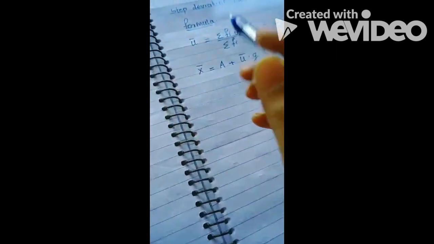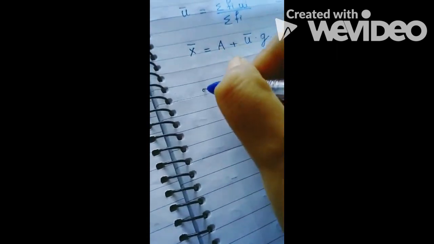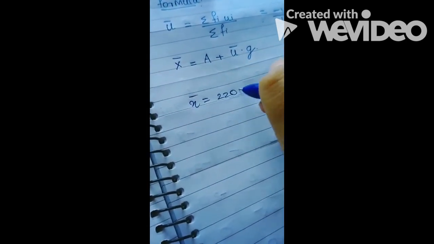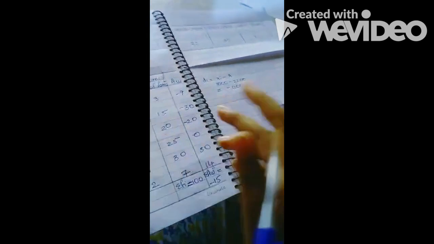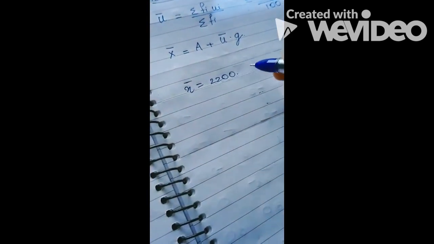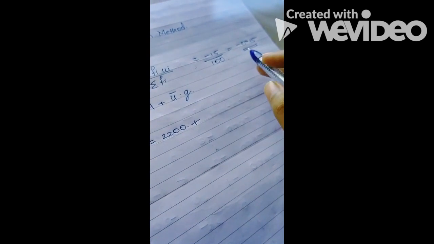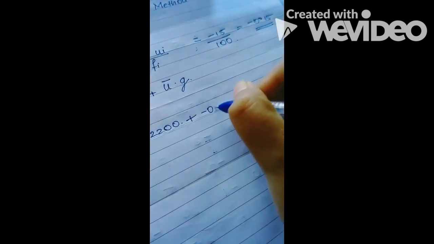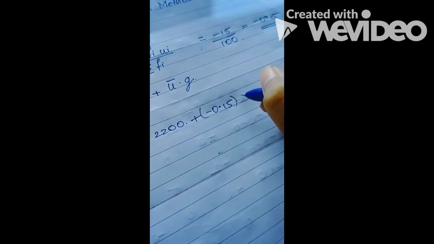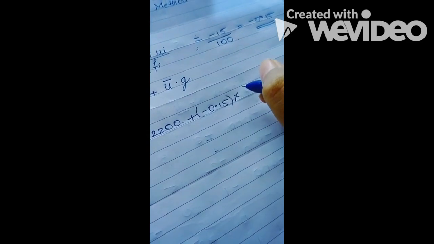So let's move to x bar. What is x bar? x bar is a, which I assumed, that is 2200. A is my 2200 plus u bar is my minus 0.15, into g.